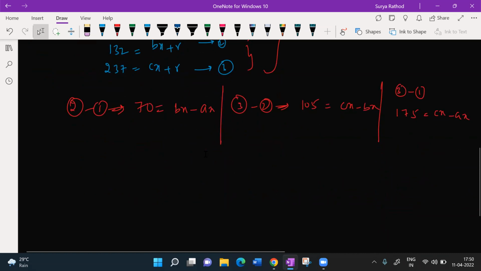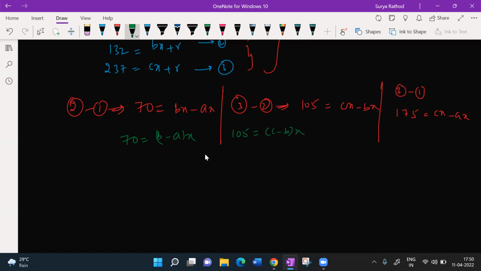Is it clear? Now 70 is equal to b minus a into x. So 105 is c minus b into x. So 175 is equal to c minus a into x. Correct? Isn't it?